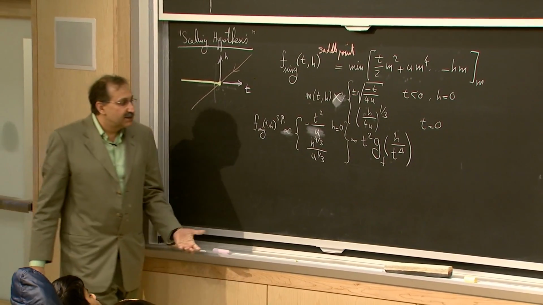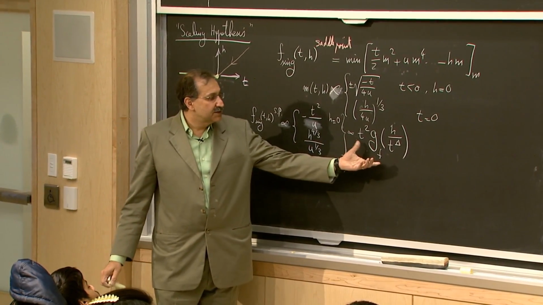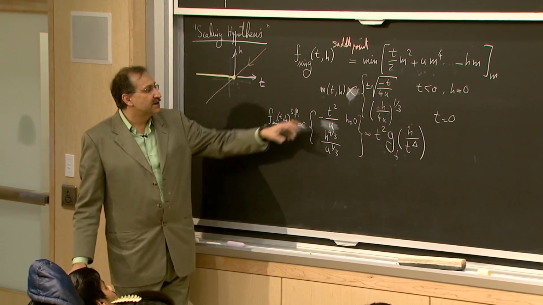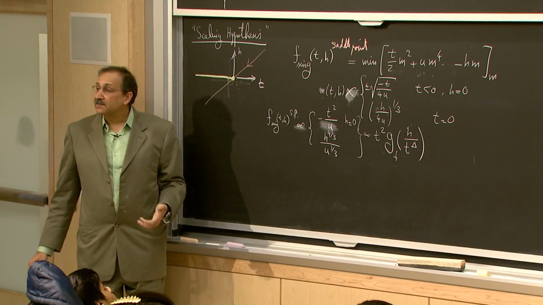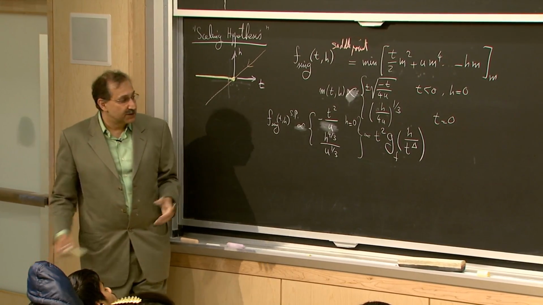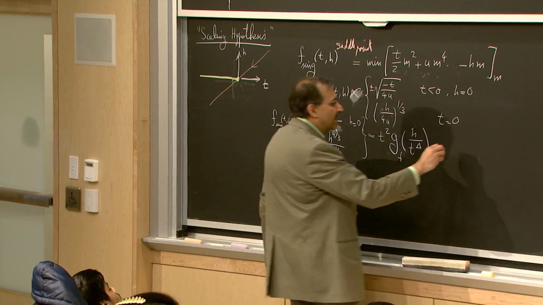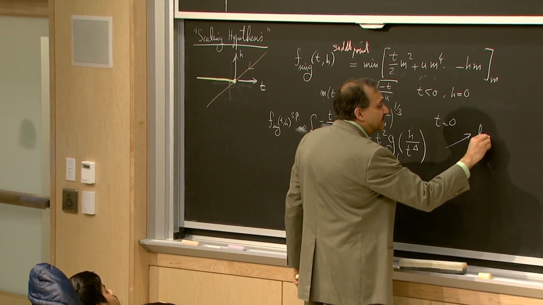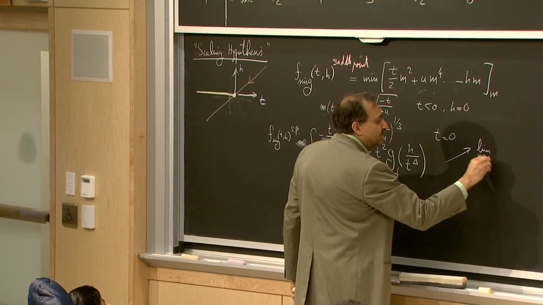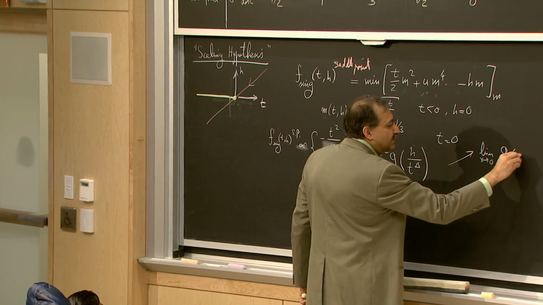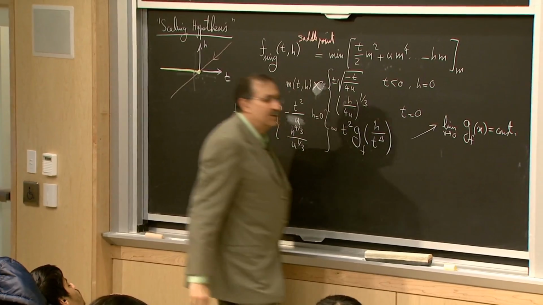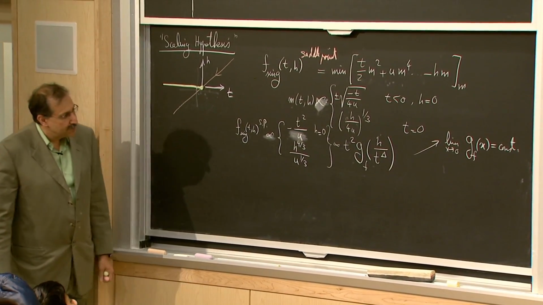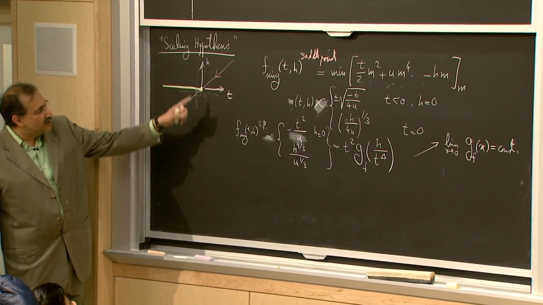So if I say that the argument of the function is a constant, let's say minus 1 over u on one side, 0 on the other side, then everything is fine. So what I have is that the limit as its argument goes to 0 should be some constant. Well, what about the other direction?